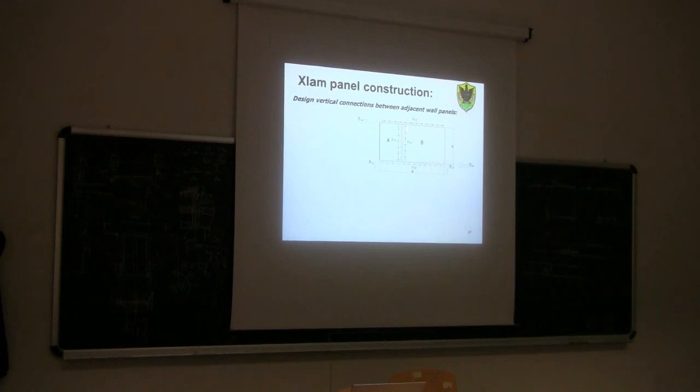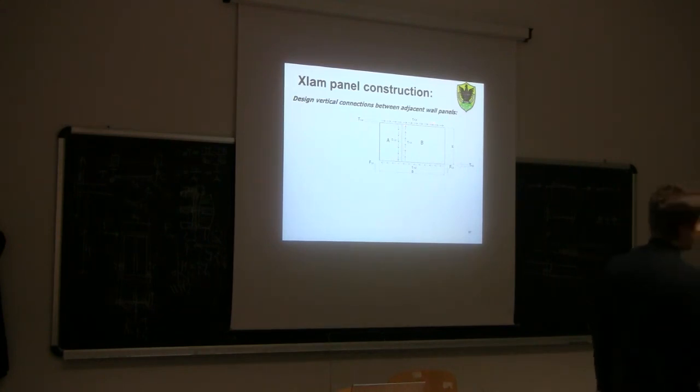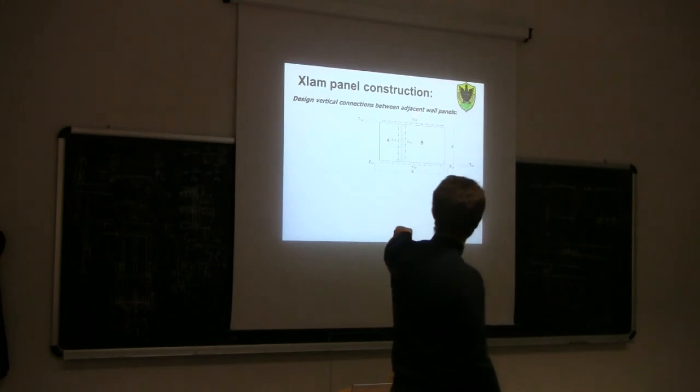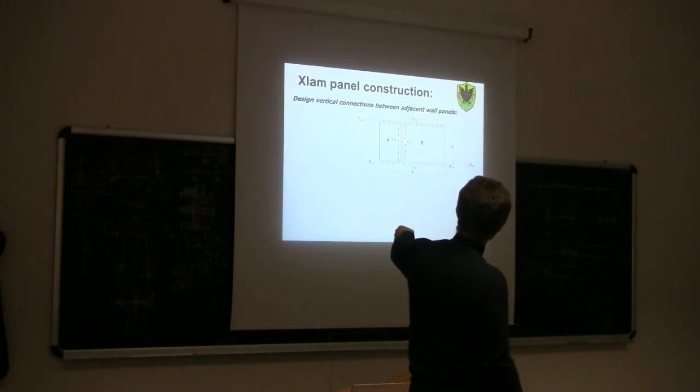How do we design the vertical connection between adjacent wall panels? For example, assume that you have a longer wall made of two cross-lam units. So on top of the wall we have this horizontal lateral load, THD, and then of course we will have a distribution of shear forces along the top side, and then we have also a distribution of shear forces along the vertical joints.